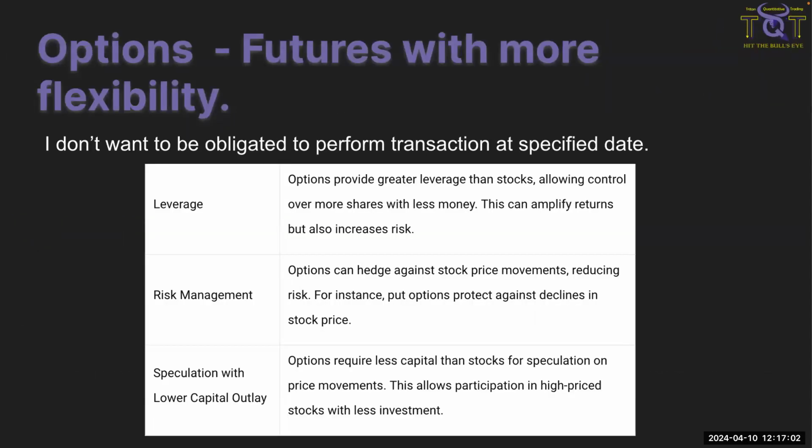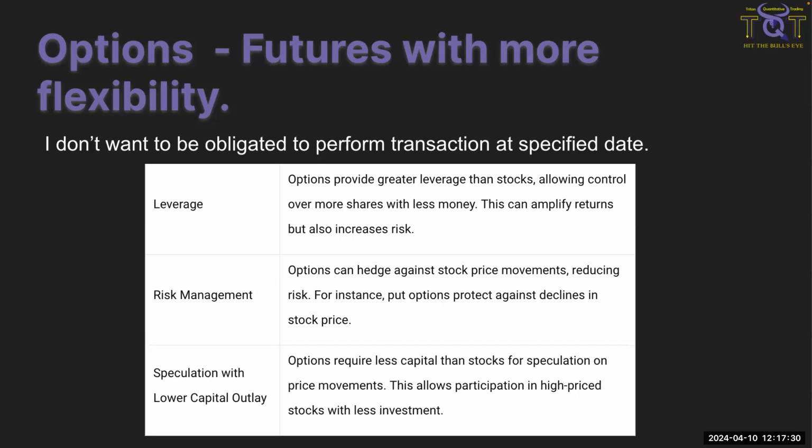Okay, so why would you trade for an option rather than a stock? You have more flexibility compared to even a future. What we discussed in the previous slide was a future, and options are more flexible than futures. They provide you with a greater leverage than stocks because you have more control over the asset with less money.